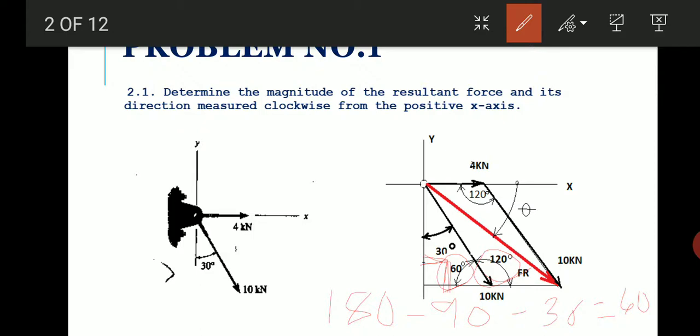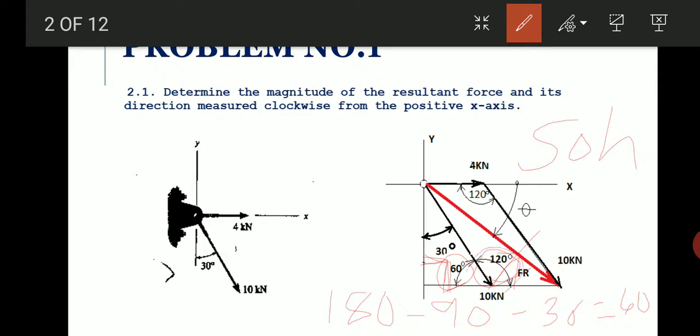Okay, and so we have here 10 kilonewton, and then the opposite side of the 120 degrees is the FR.